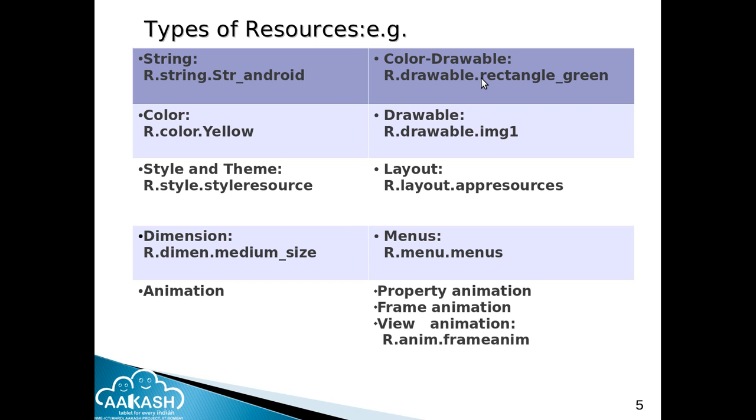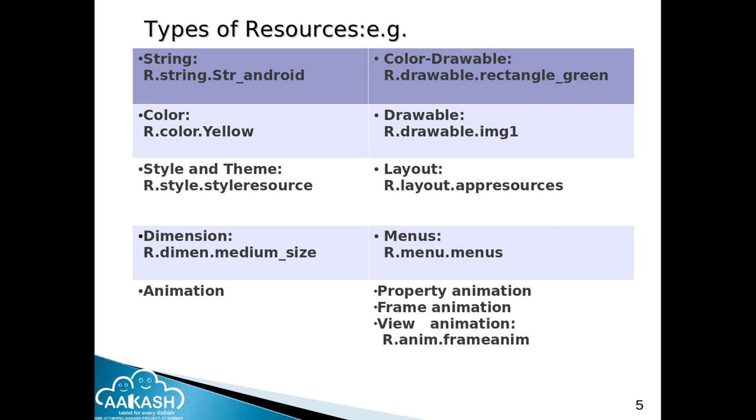Then color drawable resources are used to fill canvas or used to define a color rectangle and refer by R.drawable.rectangle name or R.values.rectangle name as they can be saved in the values or drawable subdirectory. Now drawable resources are used to define different graphics, bitmaps, 9 patches or XML files and refer by R.drawable.file name.